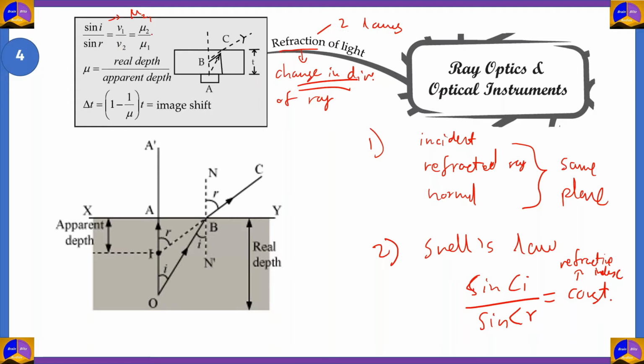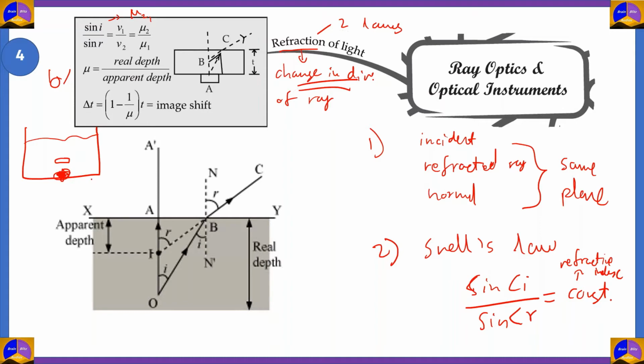Now, in terms of the depth of the object, we can also write refractive index as the real depth divided by the apparent depth. Basically, suppose you're keeping a coin down here, then you're filling the bucket with water and viewing it from above. From above, what you'll see is that the coin is seen somewhere around here, whereas originally its position is at the bottom of the bucket.